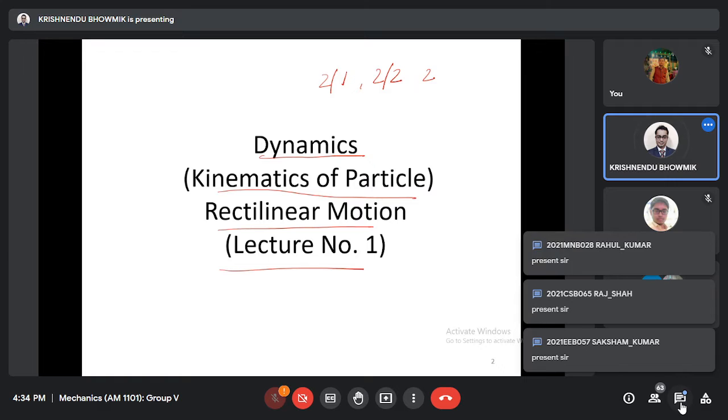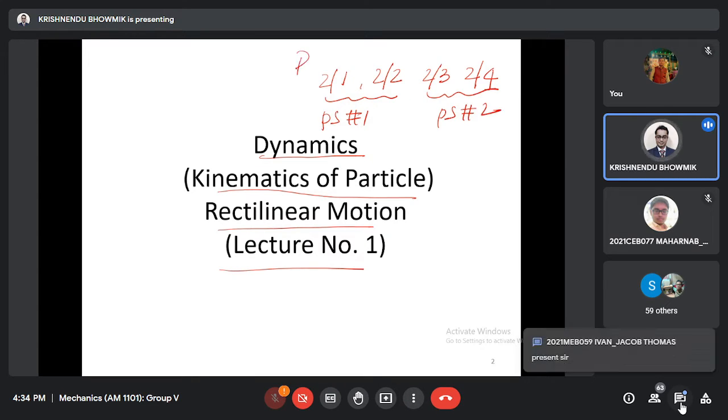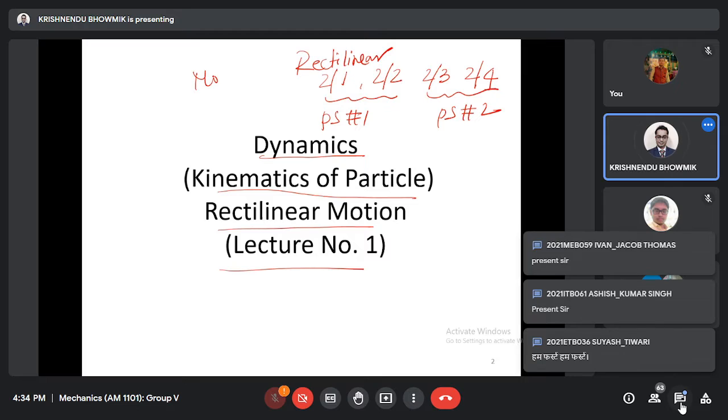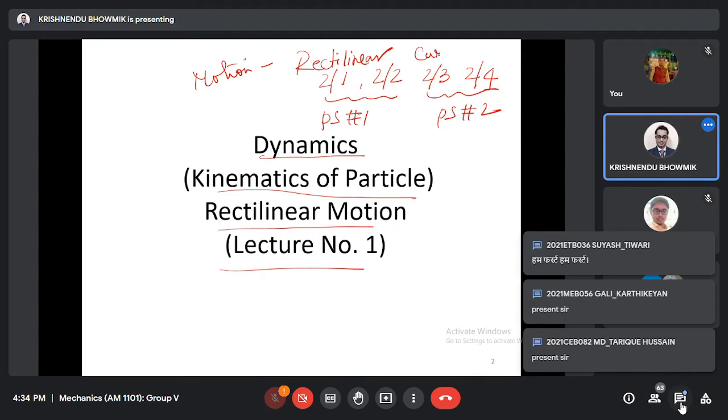Basically, from this concept, problem sheet 1; from the other concept, problem sheet 2. This is rectilinear motion. This is curvilinear.